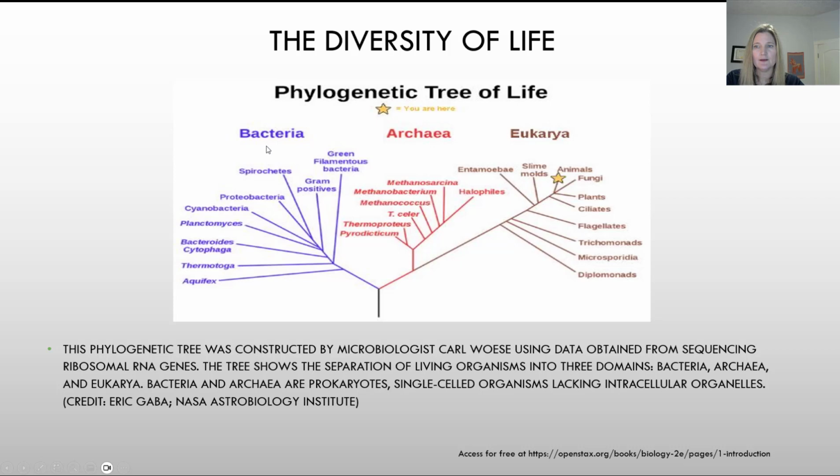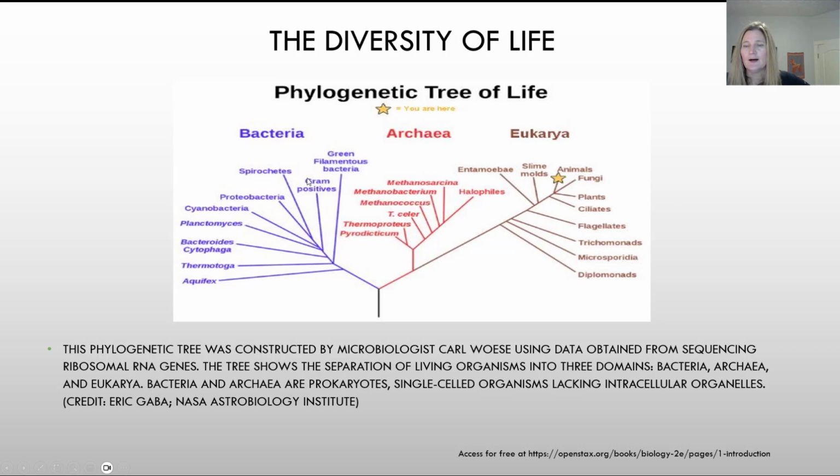So basically, 2 of them are made of prokaryotic cells. So bacteria and archaeans are actually composed of prokaryotic cells. They don't have a nucleus within their cell. Eukarya is the domain that contains the eukaryotic cell organisms. So we, for example, are part of domain eukarya.